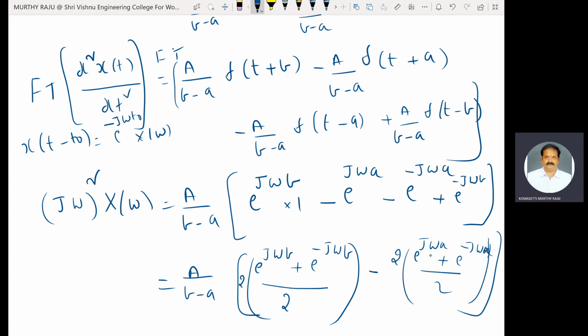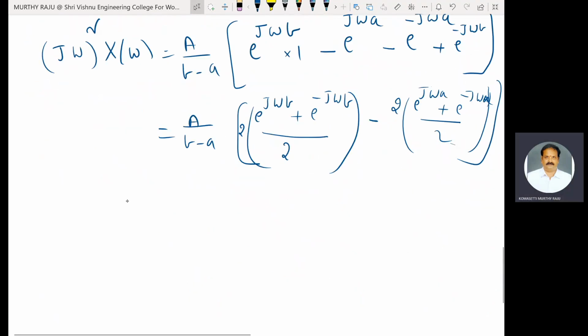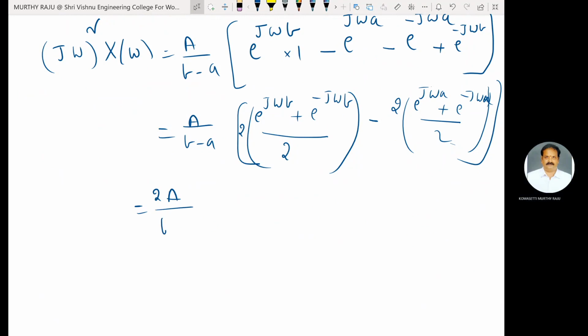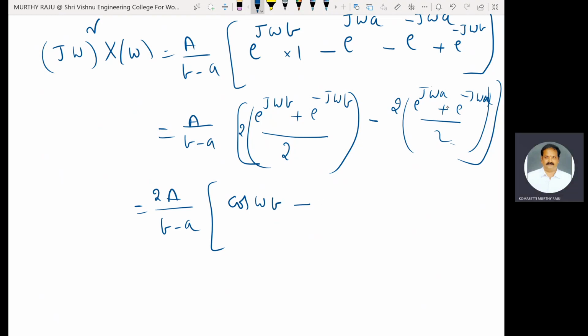That is equal to 2a by b minus a. e power j omega b plus e power minus j omega b by 2 is cos omega b, minus e power j omega a plus e power minus j omega a by 2 is cos omega a.